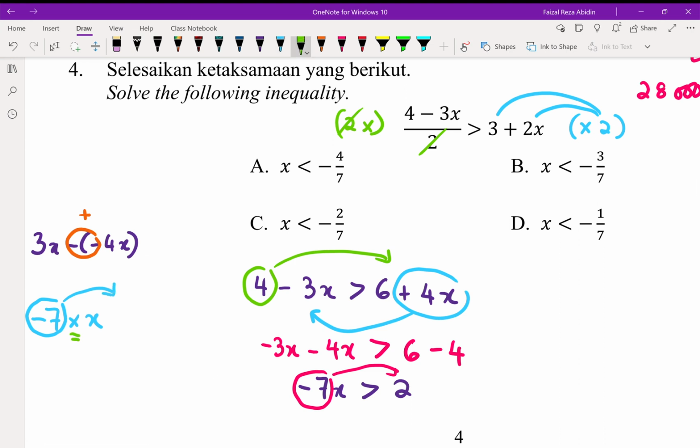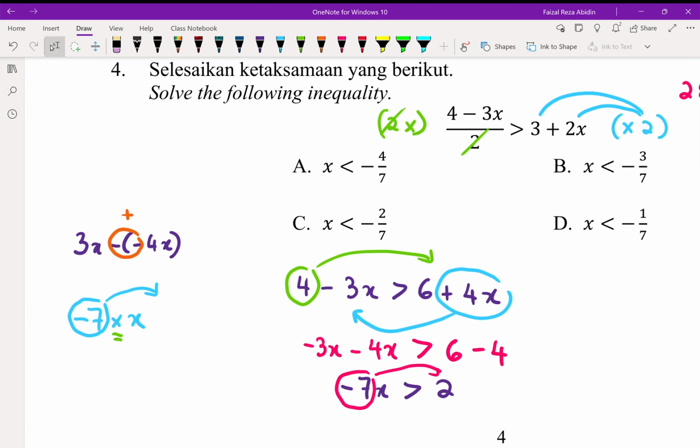Times become what, class? Thank you. Divide. The negative will remain. You cannot change it. Can, class? Unless, if you have, this is going to be your basic only. If you have negative 7 plus x, we are going to bring our negative 7 here. Yes. You are going to get what? Negative 7 become positive 7.